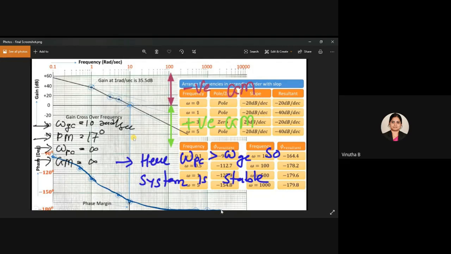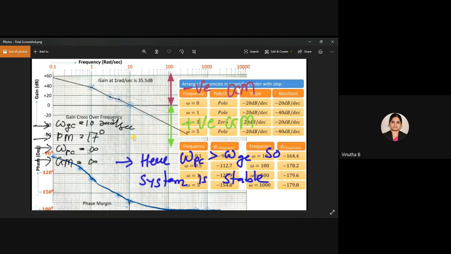So it is going to just continue like that above the minus 180-degree line. It is not going to touch. That means it is just going like that and it is going to touch somewhere at infinity. So since it is not crossing the minus 180-degree line, we will take the phase crossover frequency as infinity, since it is not touching that reference line.